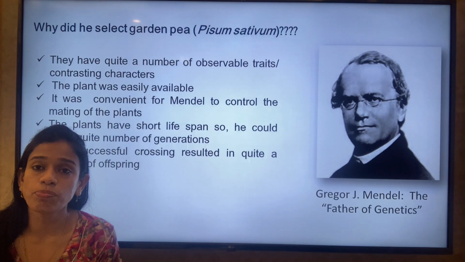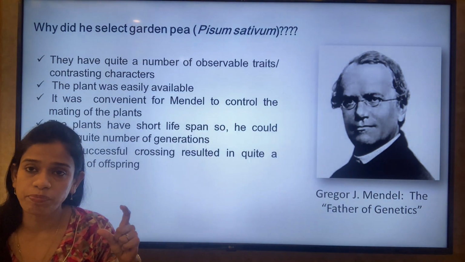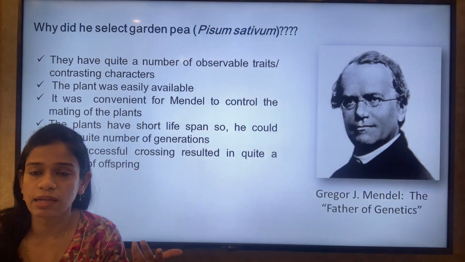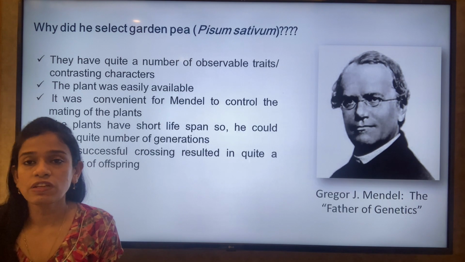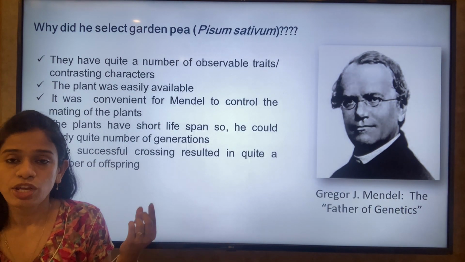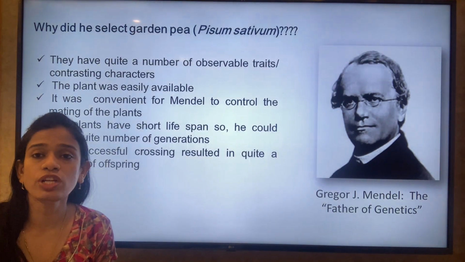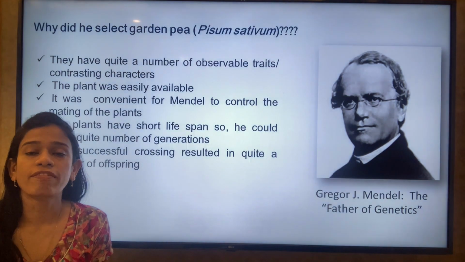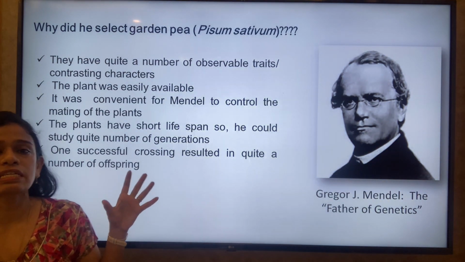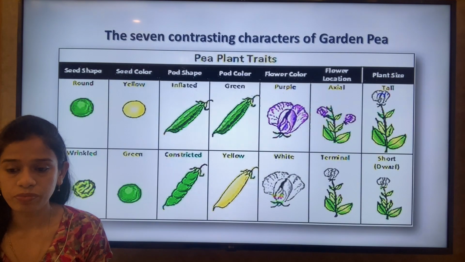If you open up one pod of a garden pea, you get at least 5 to 6 peas. So obviously if you cross, whatever seeds it generates, you get at least 5 to 6 of them, which is good because when you need to grow them, you have ample quantity of seeds with you. So these were the reasons why he selected the garden pea plant for his experiment.